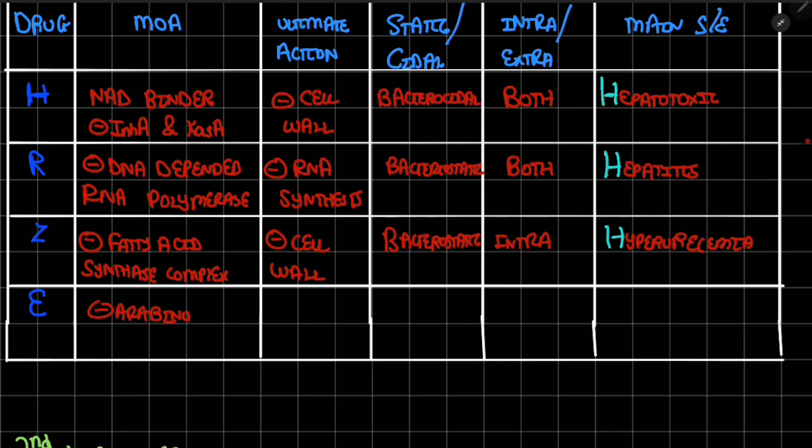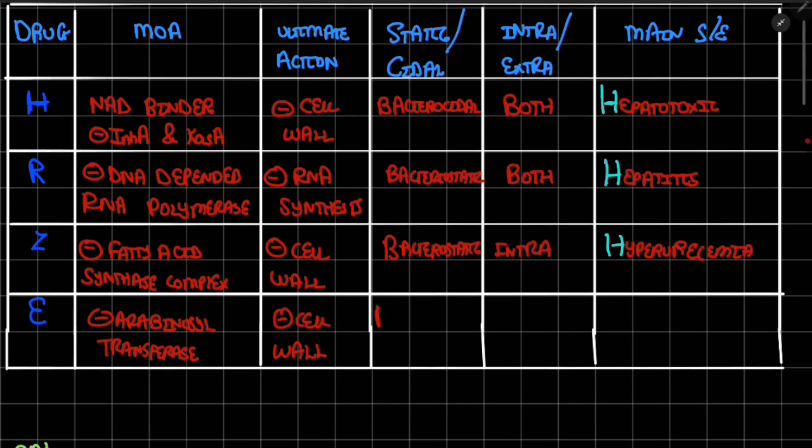Okay, coming to the last drug, ethambutol, it also acts on the cell wall synthesis, but it inhibited the arabinosyl transferase enzyme. Okay, so the ultimate action was negative cell wall synthesis, and it was a bacteriostatic drug. Okay, and it acts on both intracellularly and extracellularly, and the unique side effect we knew of ethambutol, it caused color vision defect.